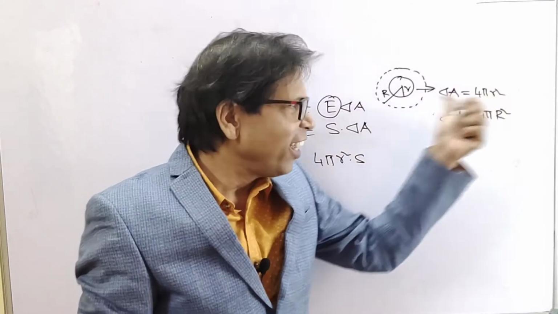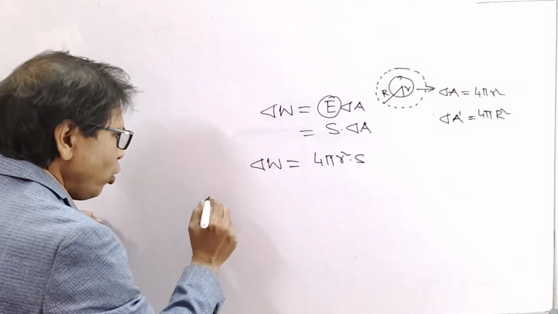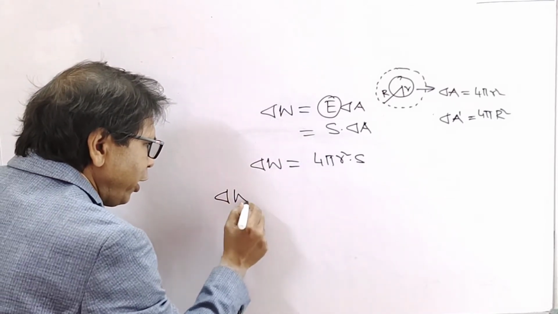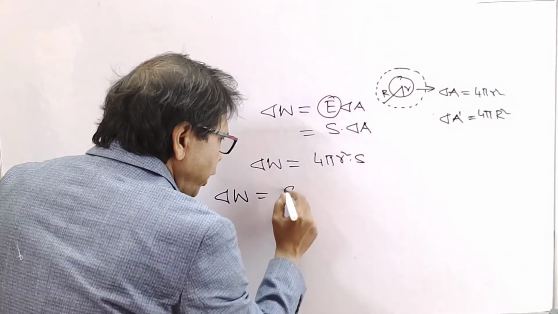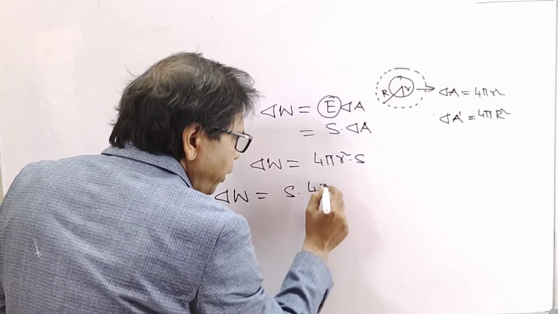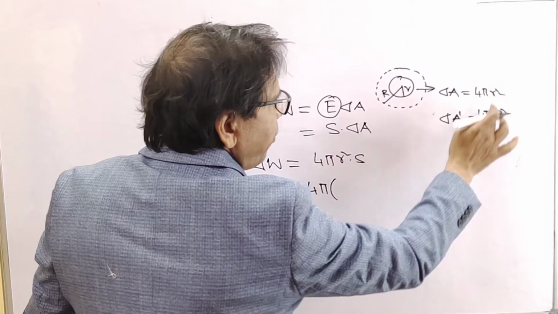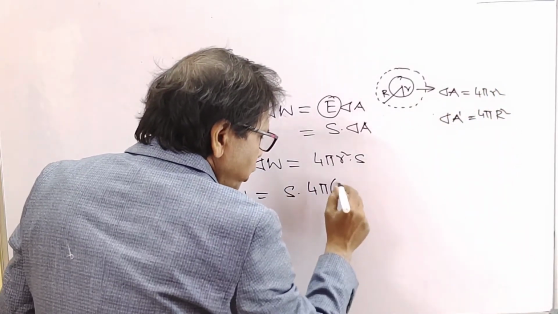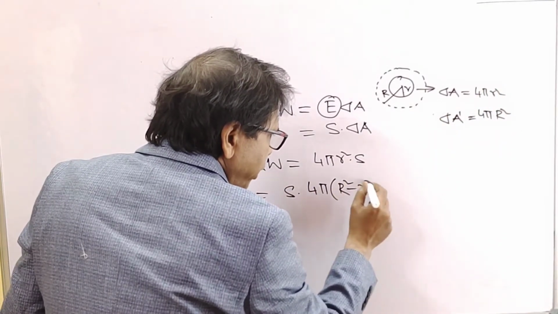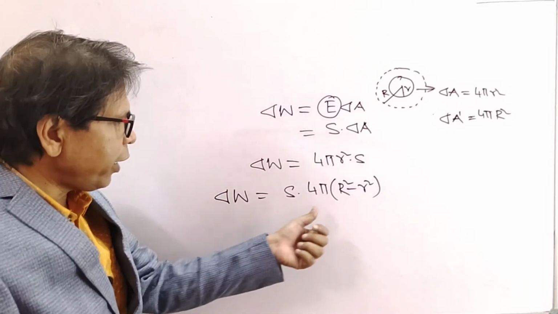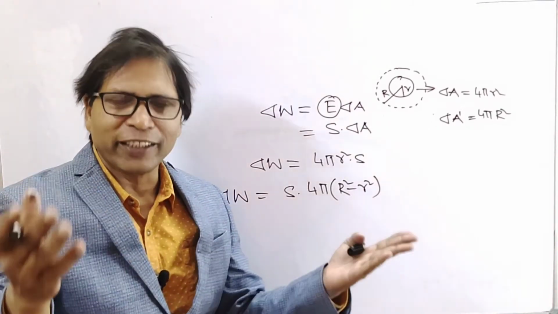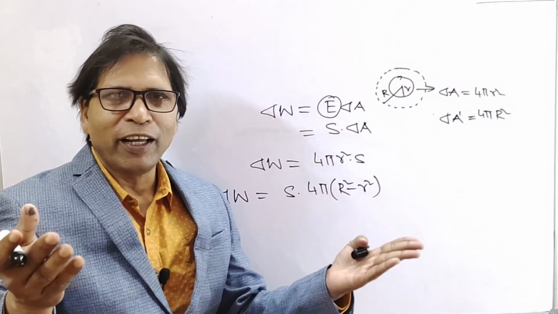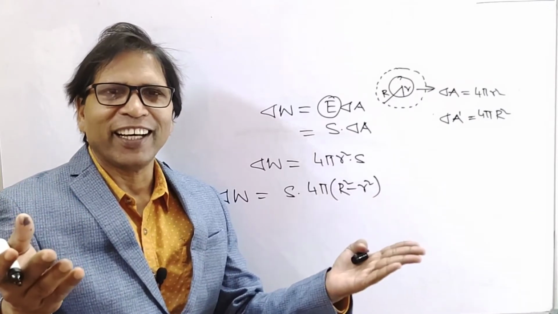Therefore the work done to increase its radius from small r to capital R is S into 4 pi into R square minus small r square. In case of a soap bubble, S is replaced by 2S because a soap bubble has two surface areas.